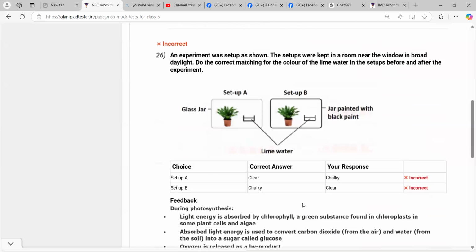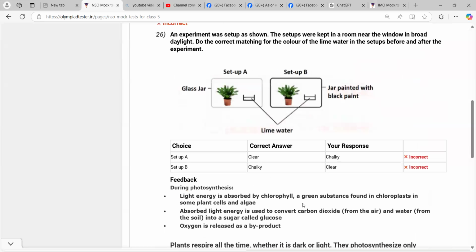Okay, number 26, an experiment was set up as shown. The setups were kept in a room near the window in broad daylight. Do the correct matching for the color of the lime water in the setups before and after the experiment. So this is the experiment shown here.